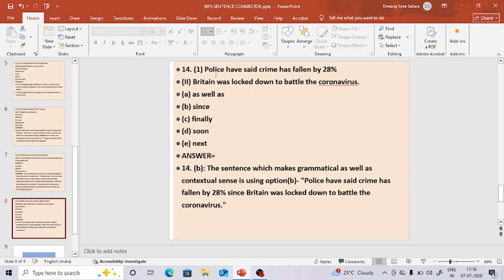So see here, police have said crime has fallen by 28% since Britain was locked down to battle the coronavirus. So here option B is the answer, because we have used "since".